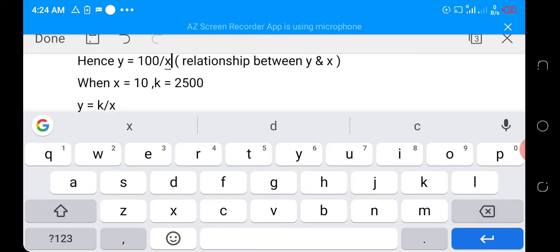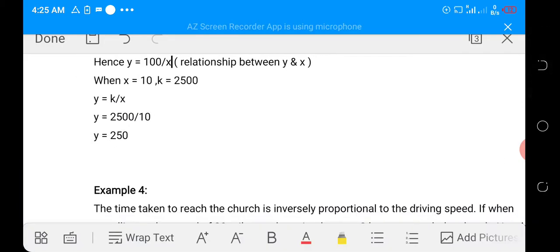This is going to be the formula connecting y and x. y is equal to 2500 over x, which is going to be the formula of the relationship between y and x. Now, let's go and answer the question. We were to find the value of y when x is equal to 10.